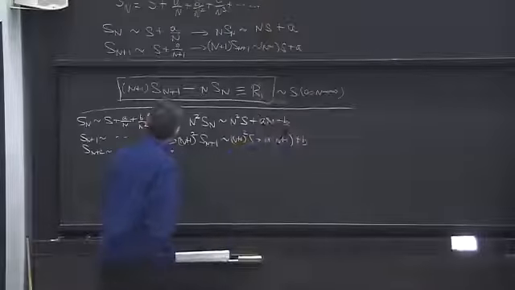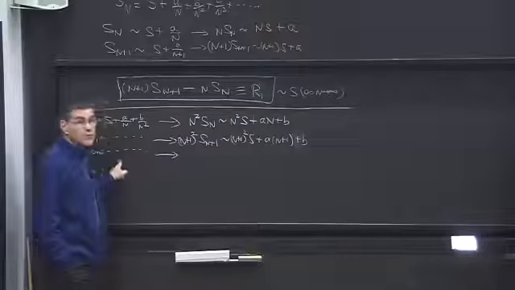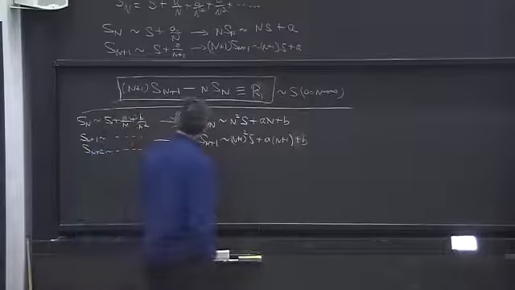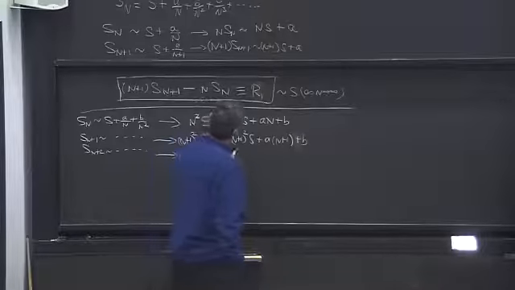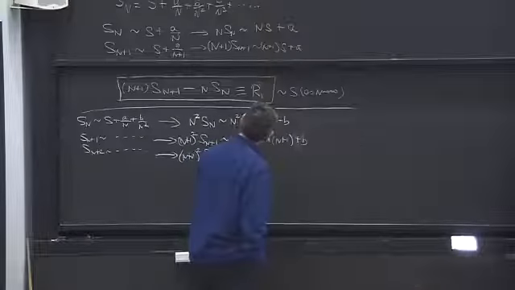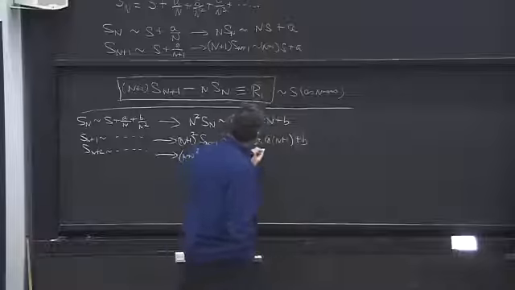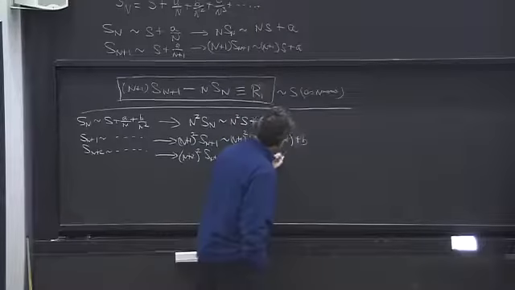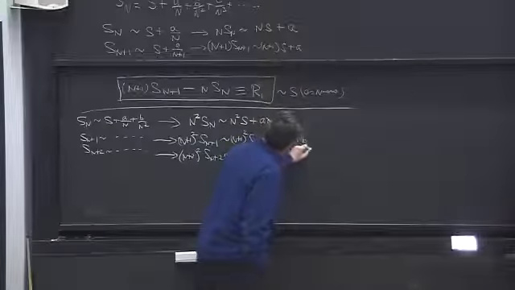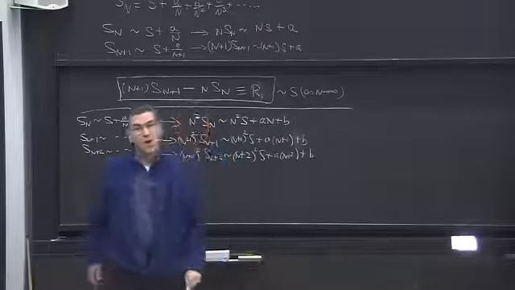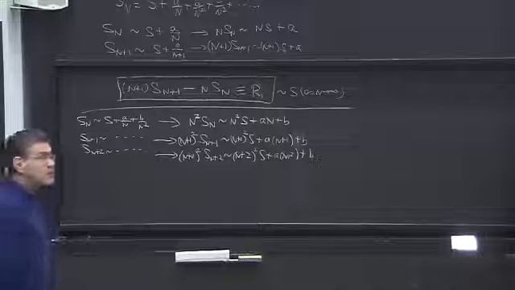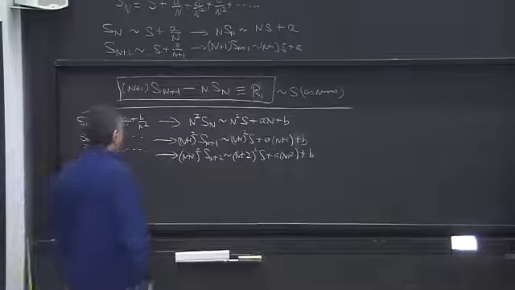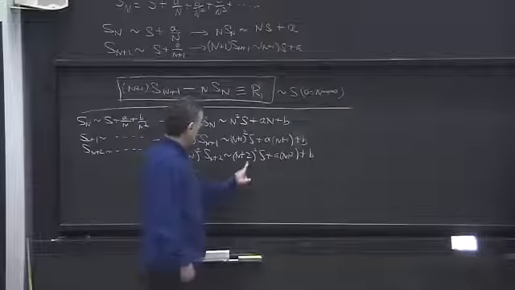And the next one we multiply by n plus 2 squared. So that gives me n plus 2 squared Sn plus 2 is approximately n plus 2 squared S plus a times n plus 2 plus b. All right. Now, are you clever? Do you see a really quick way of solving this equation for S?